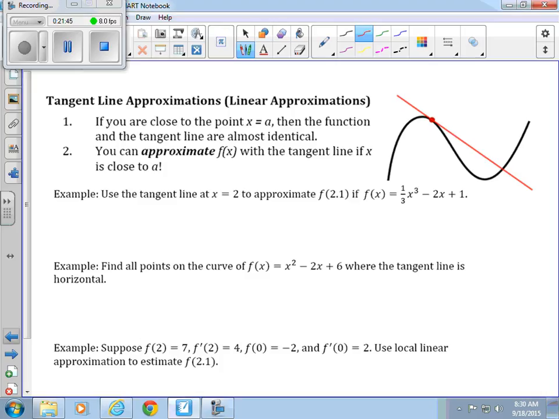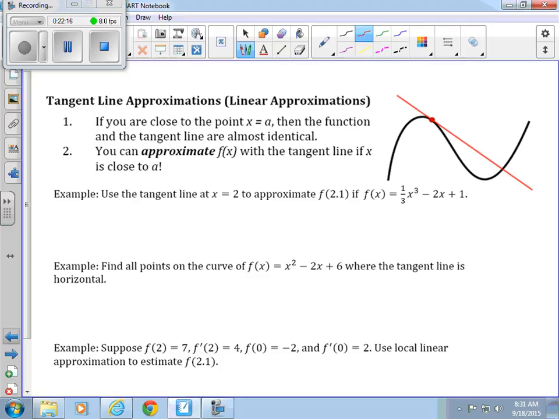What's sine of 0.1? No, but I do know sine of 0, and I know the slope of sine at 0. And so I could write an equation of a tangent line, and then I can plug 0.1 into a line pretty easily. So tangent line approximations are a way to approximate the value close to a point that you know. This does have a lot of applications later in mathematics and functions.